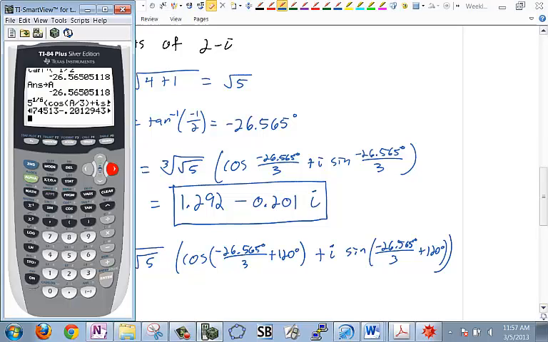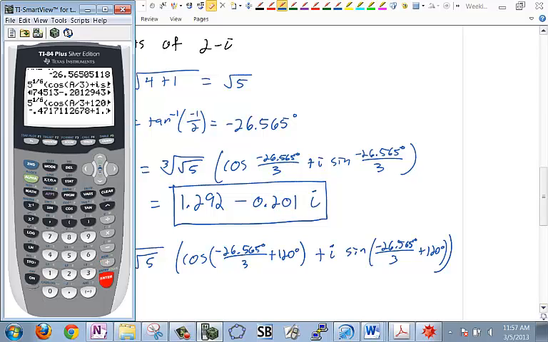Right? So my calculator, I'm going to say 5 raised to the 1/6, because that's what a cube root of a square root of 5 is. Parentheses. Cosine A divided by 3 plus 120, and you could have typed it in your calculator just like that. Plus i sine A divided by 3 plus 120.